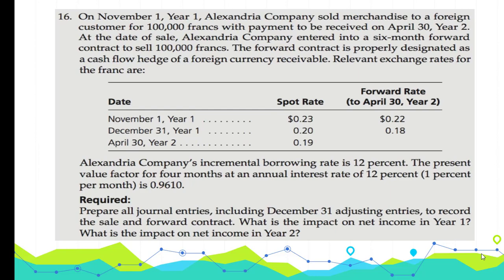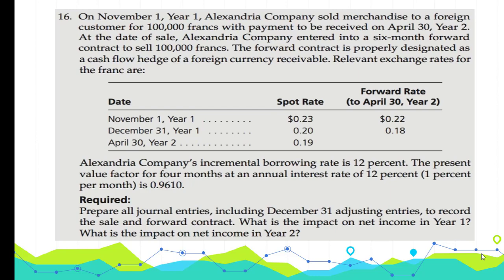So upon receipt of the 100,000 francs on November 1, Alexandria Company would have been able to immediately exchange those francs for US dollars at that 23 cent per franc rate, yielding it $23,000. Whereas with the forward contract, Alexandria Company will only get $22,000.